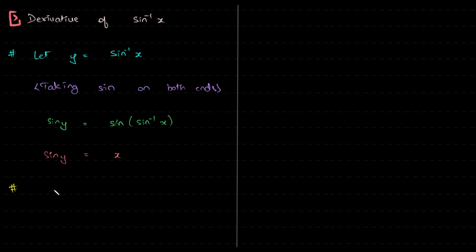So this is where your new concept of implicit and explicit functions and all of that comes into the picture. Now, how do you differentiate this? We are going to differentiate the given equation with respect to x itself.